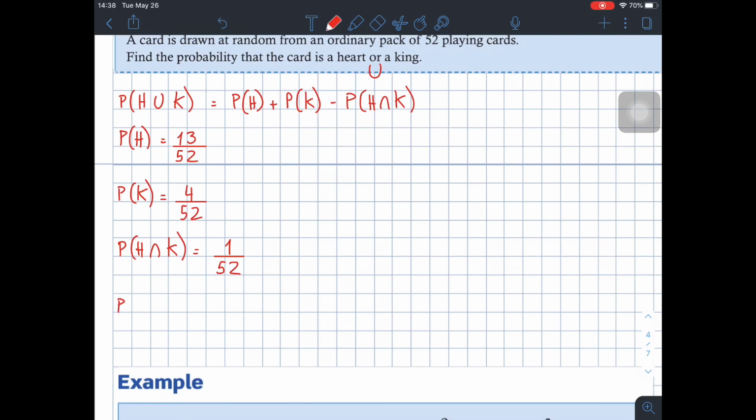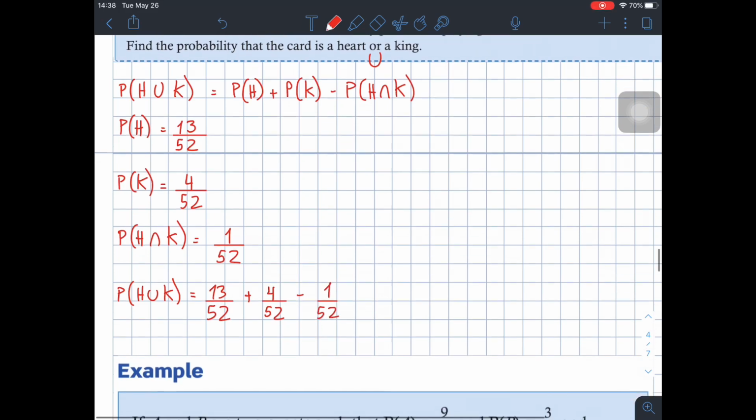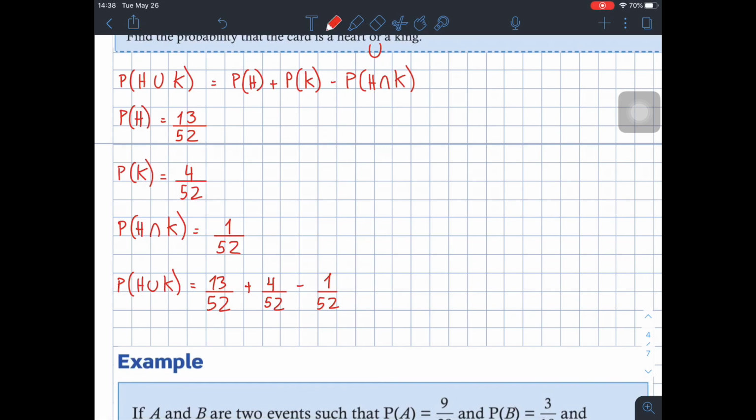So the probability of heart or king is equal to 13 over 52, which is the probability of hearts, plus 4 over 52, which is the probability of kings, minus the intersection, which is 1 out of 52. Without using a calculator, we can say this is 17 minus 1, 16.